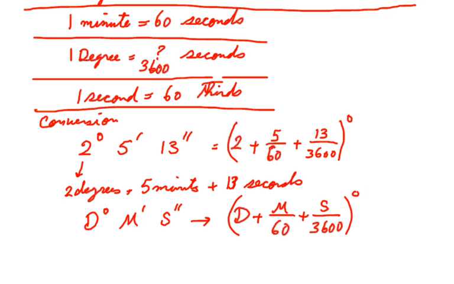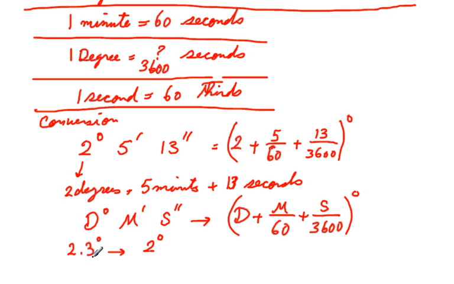The story is also practiced in reverse. Suppose I have 2.3 degrees. So this is a decimal degree. I want to convert it to whole degree plus some whole minutes and some whole seconds perhaps. So I say, first of all, well, this obviously has 2 degrees in it.